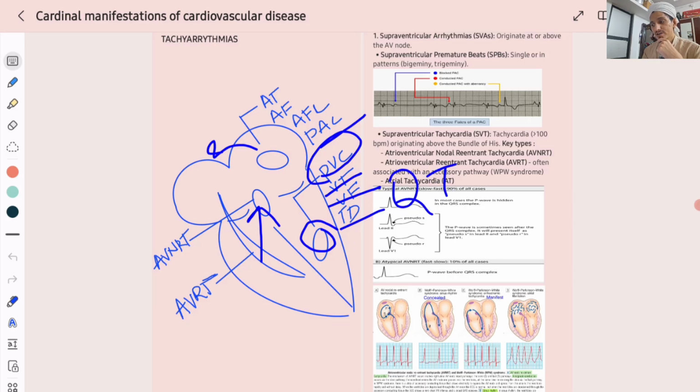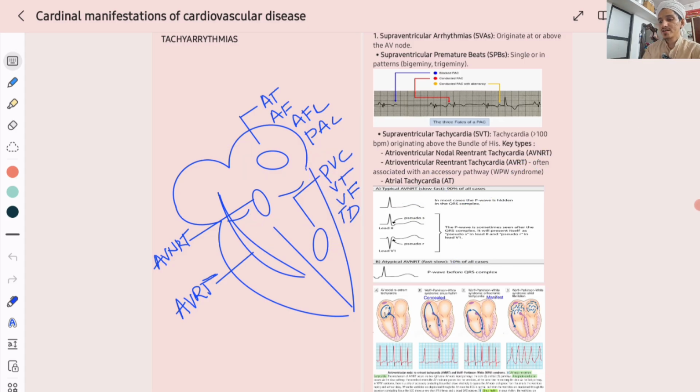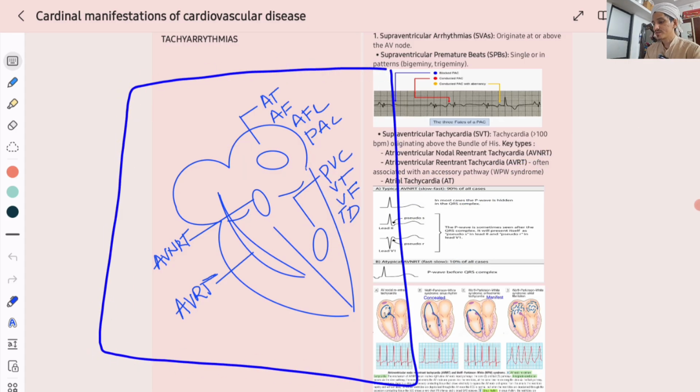So in QT prolongation, you will give drugs which reduce this QT prolongation. So this regional diagram is important to remember, and to understand the therapy also.